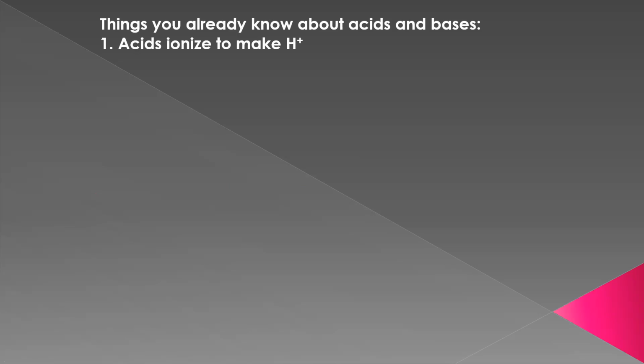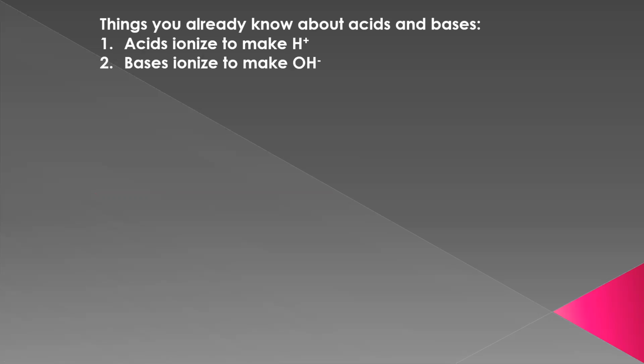Same thing as a proton. Same thing as acids ionize to make hydronium ion. So that was one of our definitions long ago, Arrhenius's definition, that acids give us hydrogen ion. That should be reviewed, since it's been a while since we mentioned it, like 4 whole days.